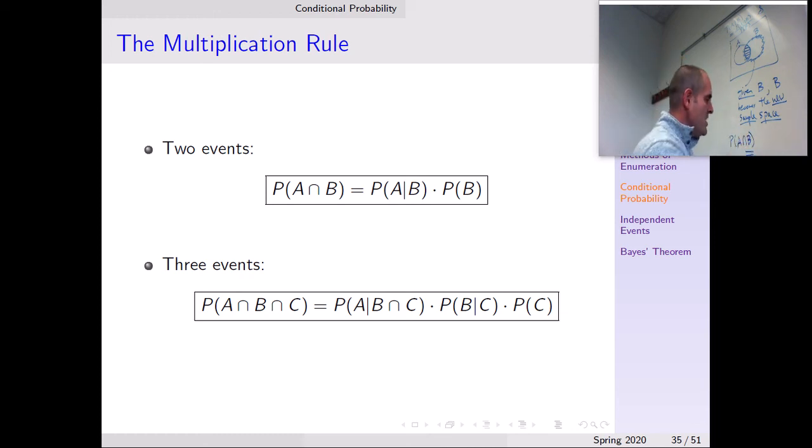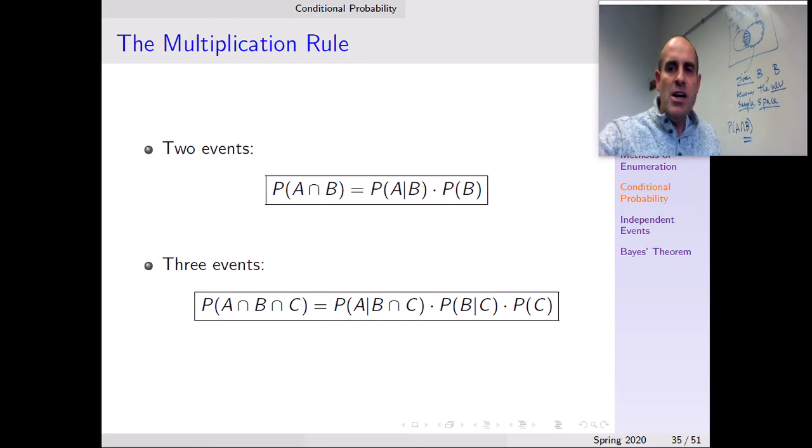this is going to be, what you can do is you can say, well, look, suppose that B happens. So how often does that occur? Well, this often. The probability that B occurs. And then you say, okay, but I don't just want B to happen, I also want A to happen. But now I know that B has already happened.